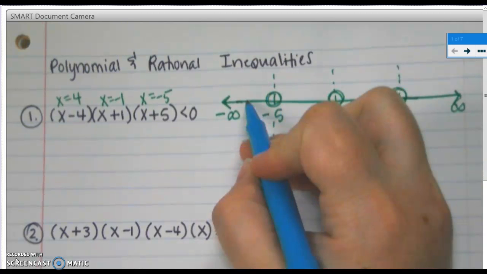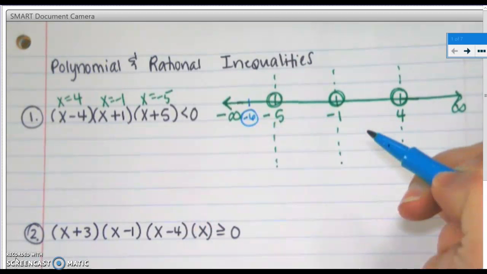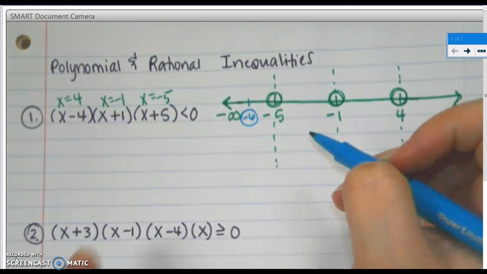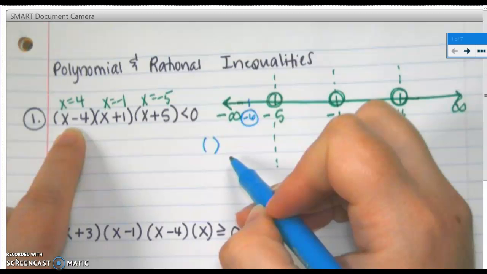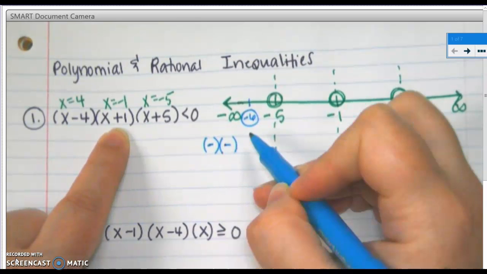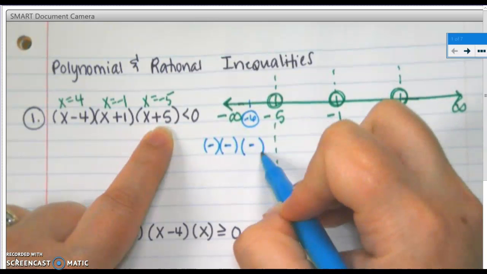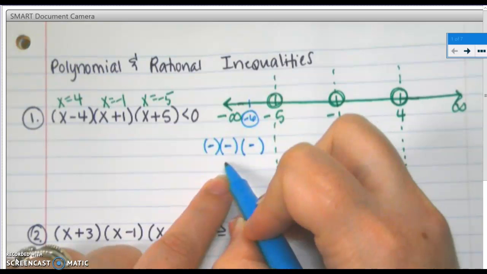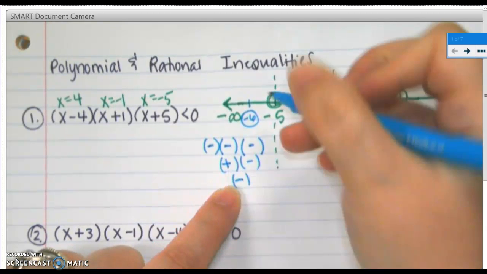So I'm just going to pick -6 as my test number. So if I plug -6 in, -6 minus 4 will be negative, -6 plus 1, and -6 plus 5, those will all be negative values. So my final answer would be negative.